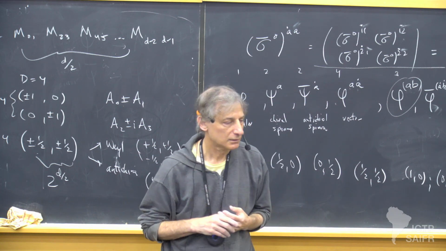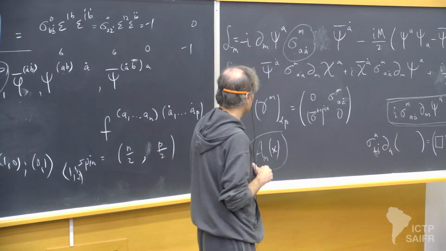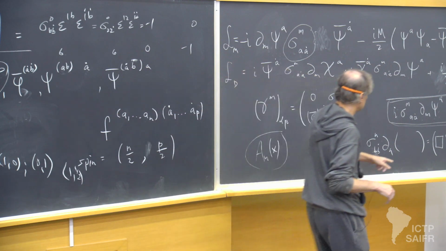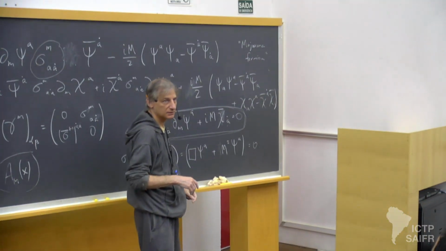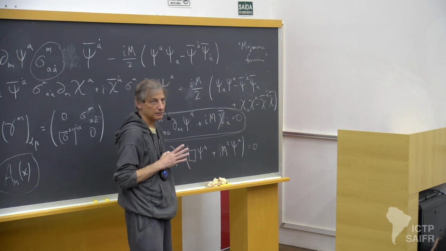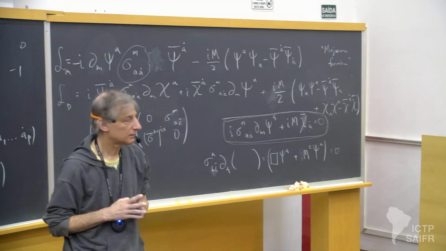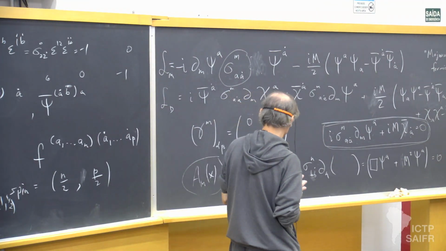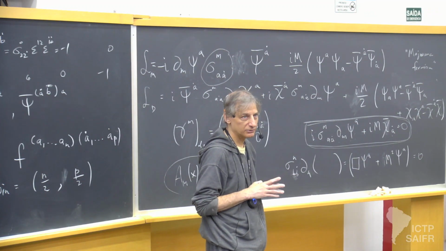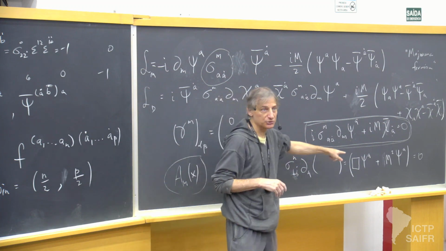Okay, on the board on the right, there is the Klein-Gordon equation. This one. Yes, I think it is the Klein-Gordon equation. The question is, what does having the Klein-Gordon equation imply? The Klein-Gordon equation of motion is just the name of the equation that tells you that box, which is equal to p squared, or d dx squared with, I guess, a minus sign, is equal to m squared.